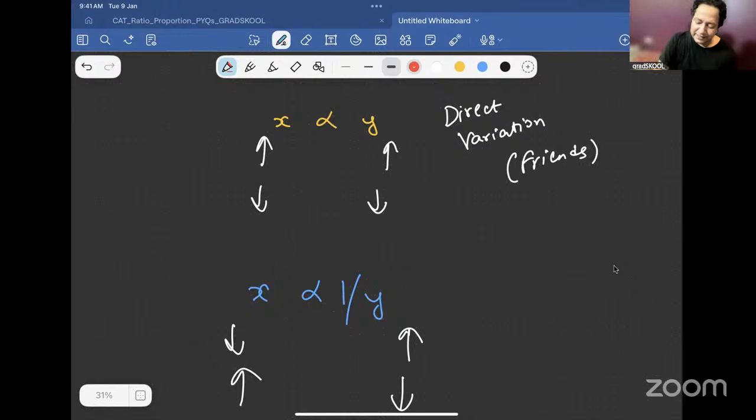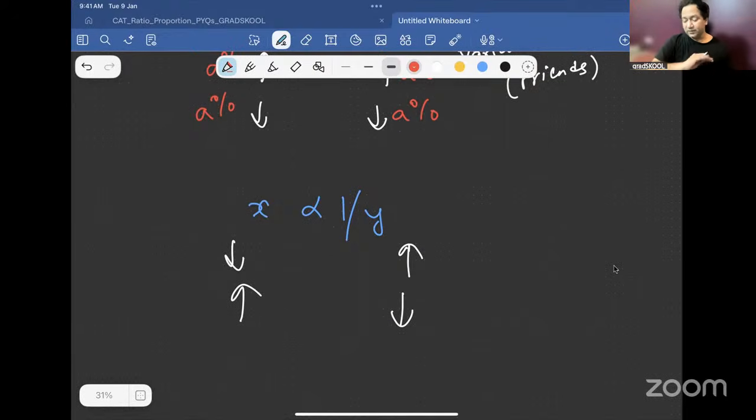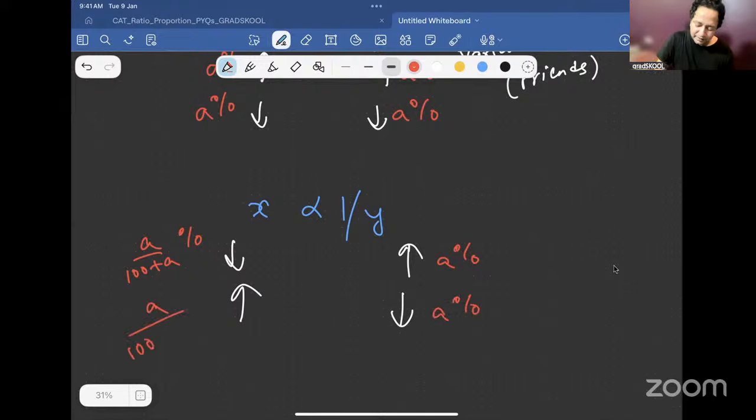If Y increases by A%, X will also increase by A%. If Y decreases by A%, X will also decrease by A%. Cool. And in case of inverse proportionality, if Y increases by A%, X will decrease by A upon 100 plus A%. This is something which people normally confuse. And if Y decreases by A%, X will increase by A upon 100 minus A%.